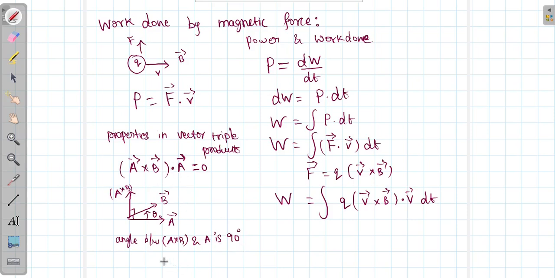In case of dot product, suppose I take C dot A, which is equal to C A cos theta. Here you have to insert 90 degrees for theta. Cos 90 is equal to 0.